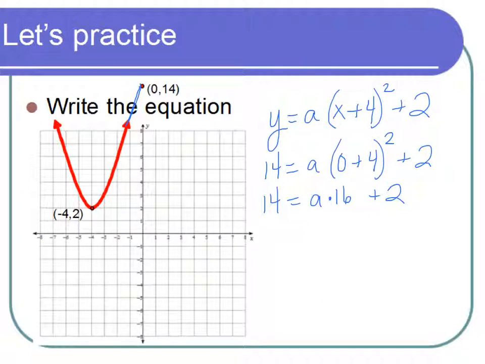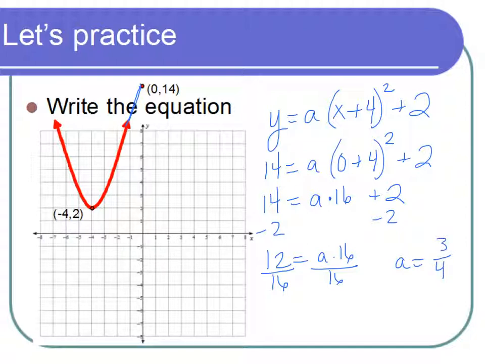Make sure you don't add the 16 and 2. Order of operations ties these together, so you really should be subtracting 2 on both sides. So that's 12 equals a times 16, divide by 16. Okay, I can see this wasn't going to come out nearly as nicely. A ends up reducing. We want to reduce it to 3/4.